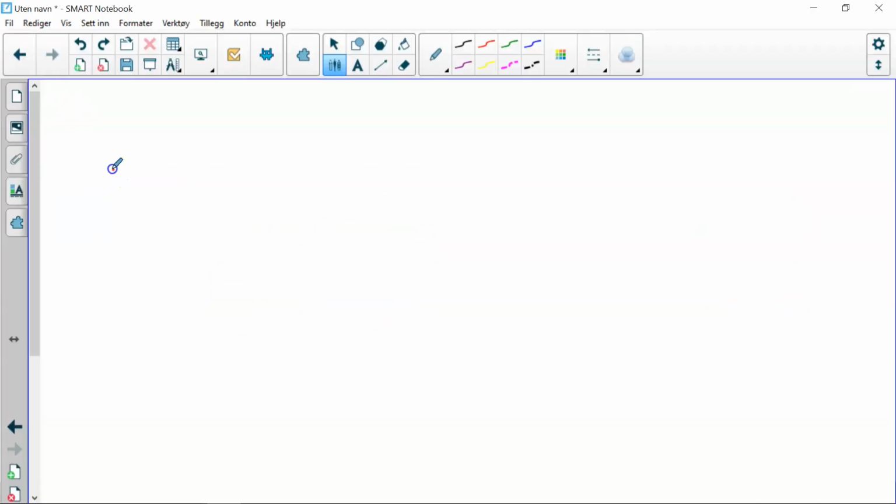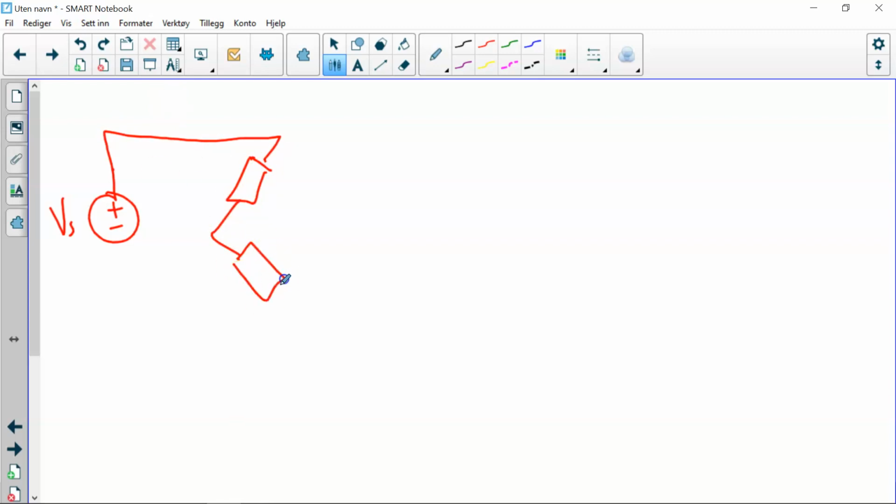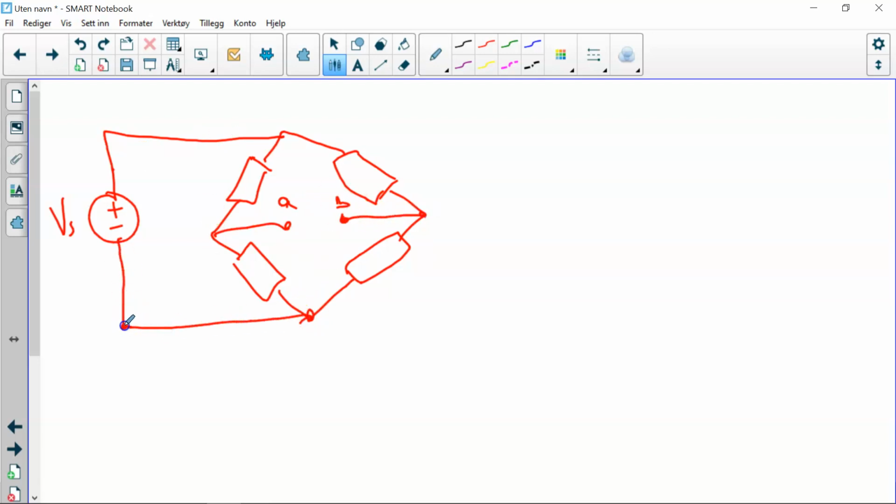Let's draw the basic circuit again. I have now in red Vs, the supply voltage, the 4 resistors that can indeed be inductors or capacitors as well, point A and point B, and finally a ground in the corner.